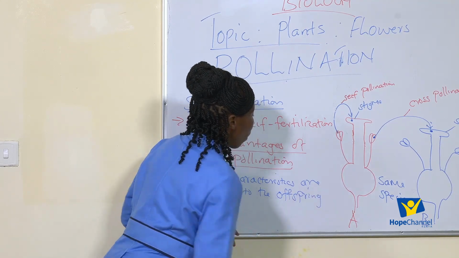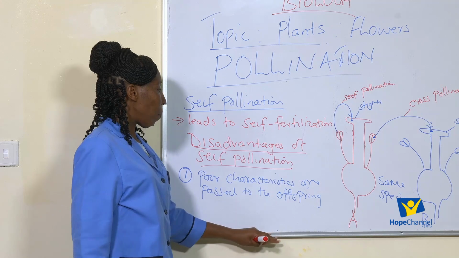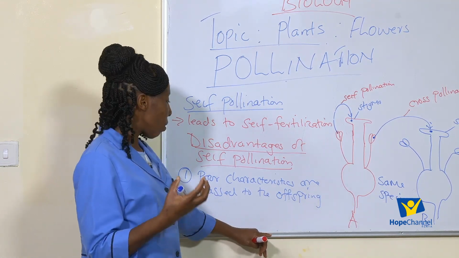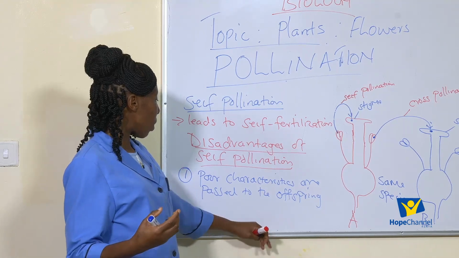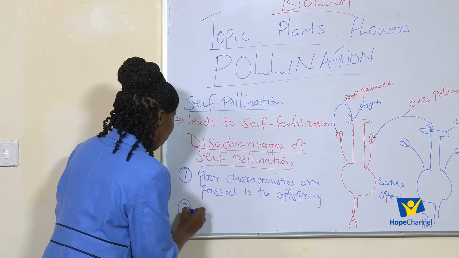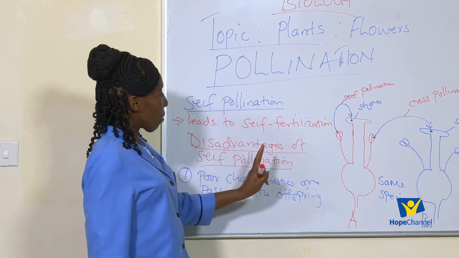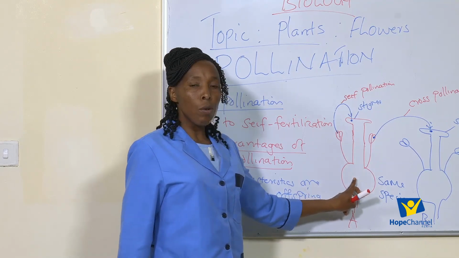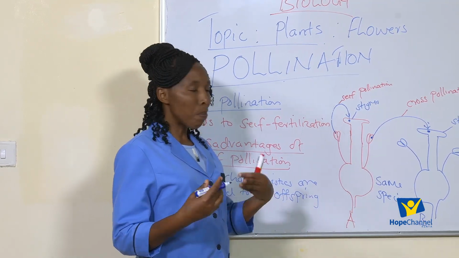Okay? So the plant retains the poor characteristics. That is one of the disadvantages of self-pollination.